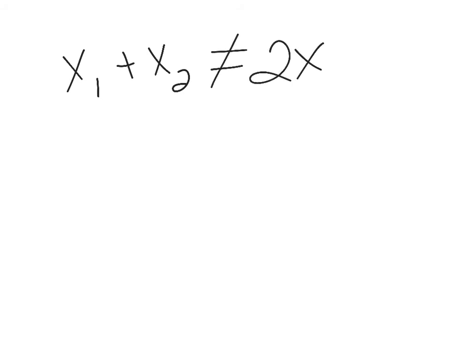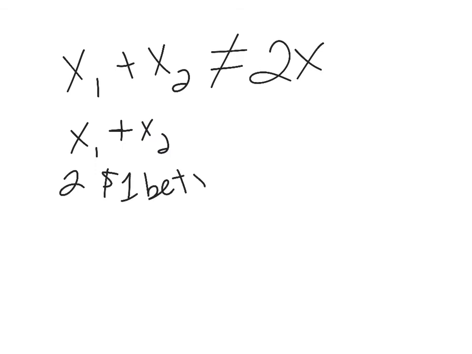A quick point that we want to make is that X1 plus X2 does not equal 2 times X. Let's go back to our roulette wheel for a second and we can see that. Let's look at two $1 bets versus a $2 bet. X1 plus X2 is the same as two separate $1 bets, whereas 2X is the same as one $2 bet.